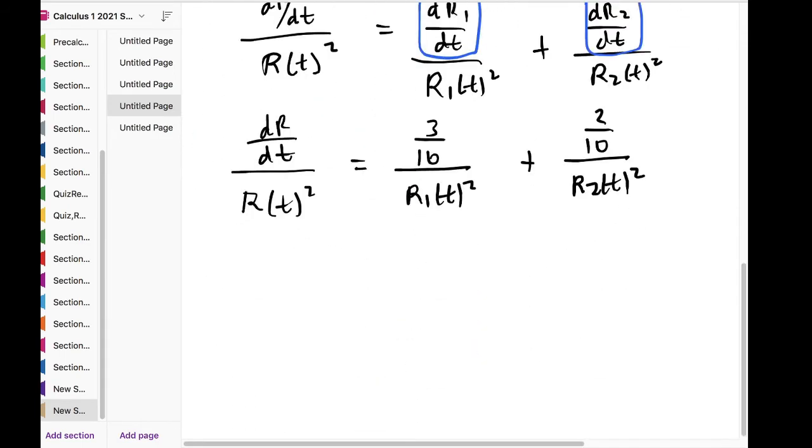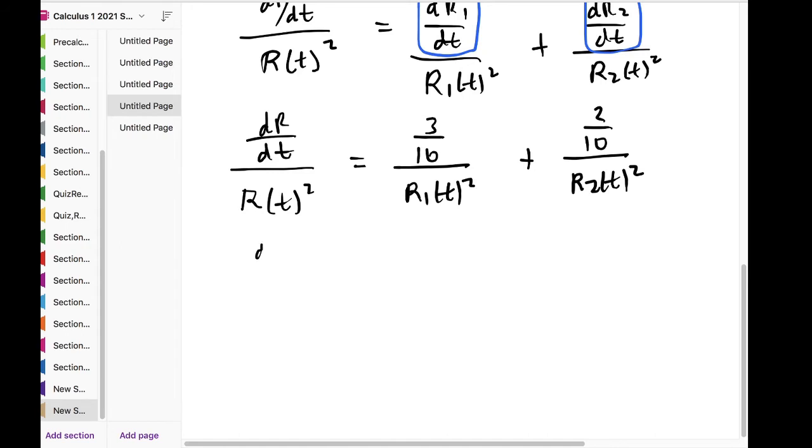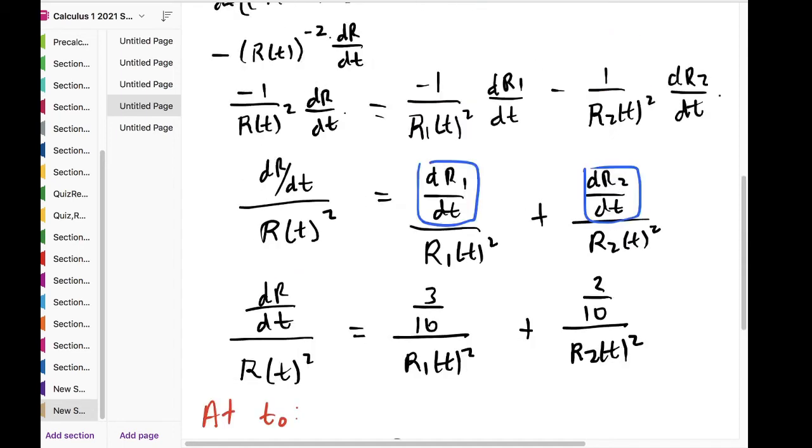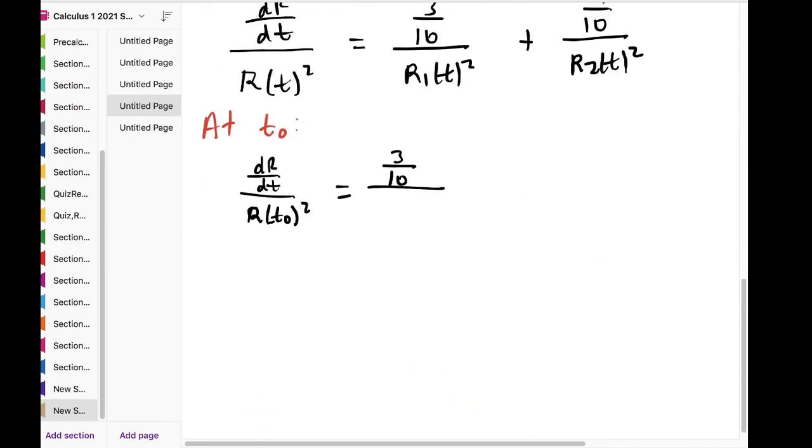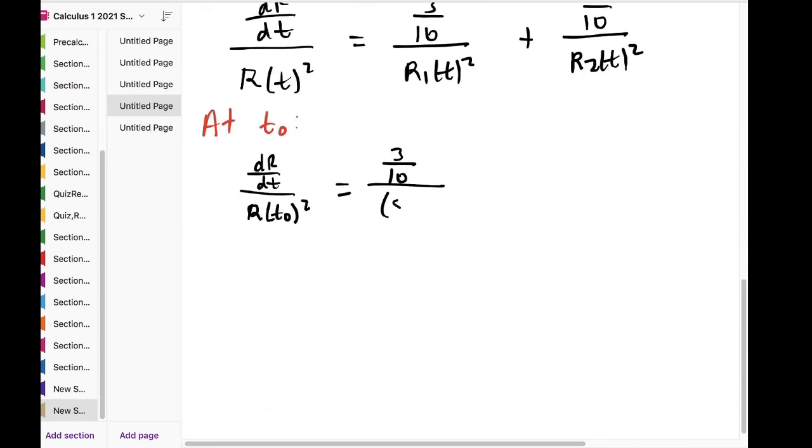So this is at t naught. So we have dR dt over R of t naught squared, whatever that is, then 3/10. What was R1 again? It's 80. So 80 squared plus 2/10 over, was that 100 squared?